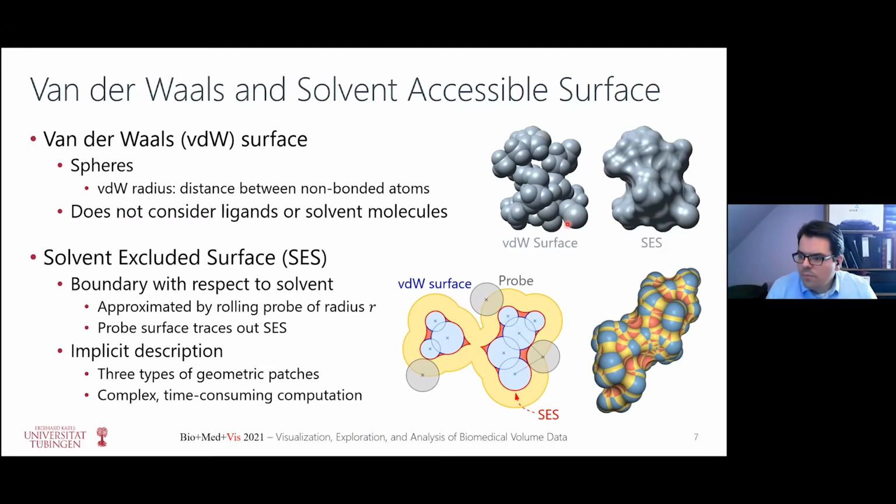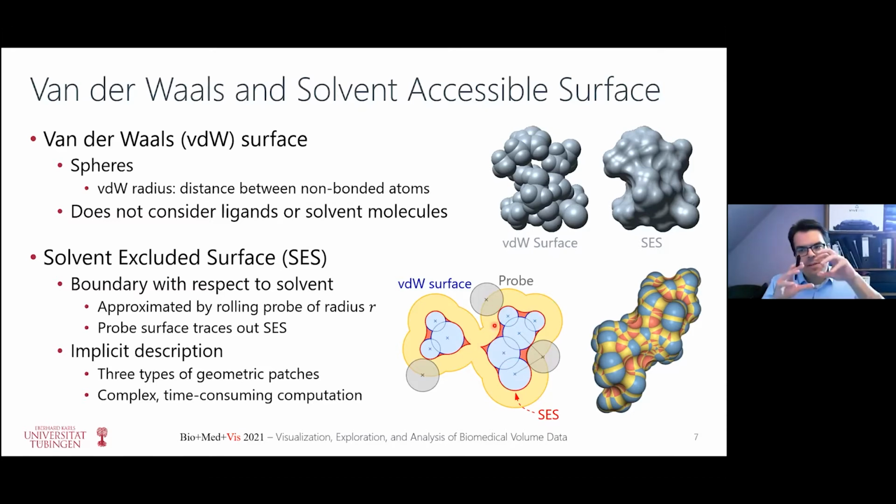Now, more useful is the so-called solvent excluded surface, which you can see here, which shows the boundary with respect to a certain solvent, or well, at least with respect to a sphere of a certain size. So you take the van der Waals surface, you roll this spherical probe all over the surface, and the probe surface actually traces out the red solvent excluded surface.